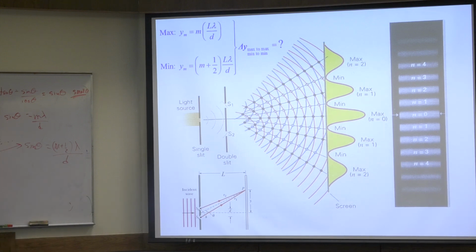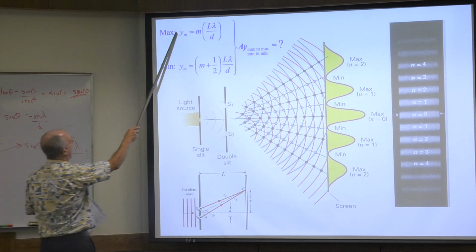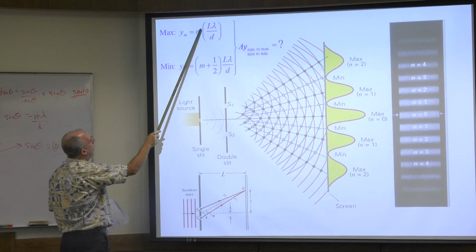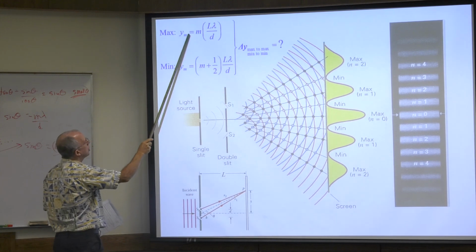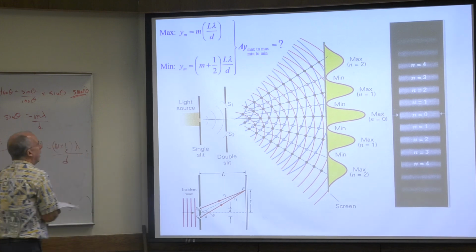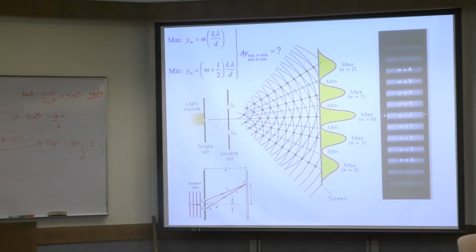Okay, we're back, and you should be able to figure this out, right? So y1 equals L lambda over D, y2 equals 2 L lambda over D, y3 equals 3 L lambda over D. So what's delta y? Just lambda L over D, right?